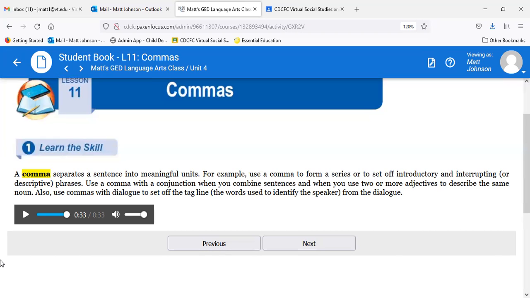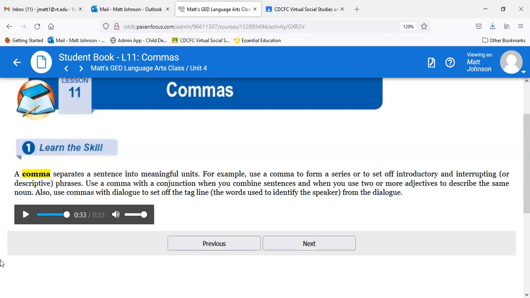And then an interrupting phrase. If you insert something in the middle of a sentence, adding more information or description, you would also use commas there. And then, with a conjunction, that's where I was talking about making more complex or compound sentences. A complex sentence has a subordinating clause, which is what we dealt with yesterday with fragments.